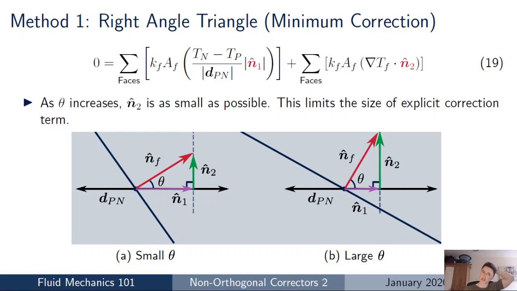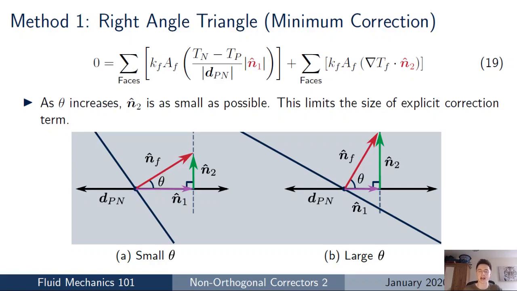So what this means is that the first summation, that entire summation term, is going to be getting smaller, and the second summation is going to be getting larger. If we remember back a few slides ago, that first summation is treated implicitly, and these are the unknowns in our system of equations, Tn and Tp. And then the term on the right hand side, the second summation, is treated as a source term.